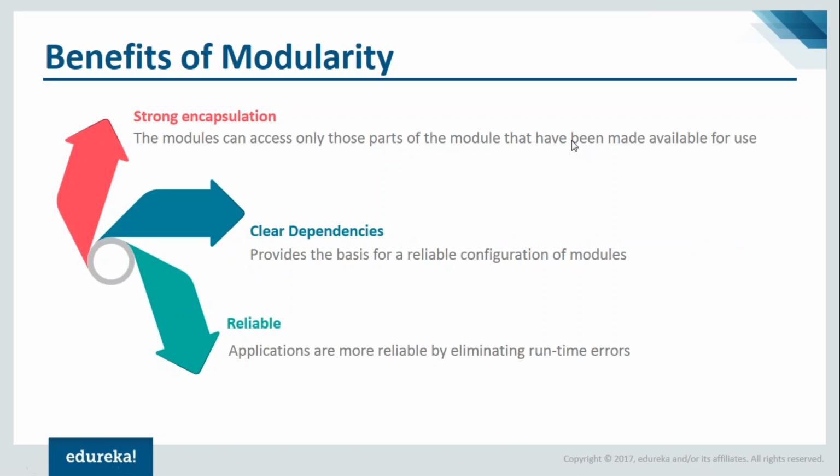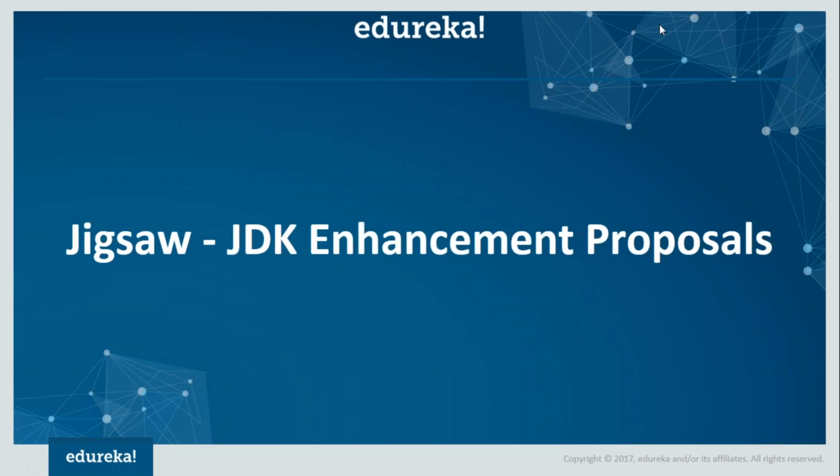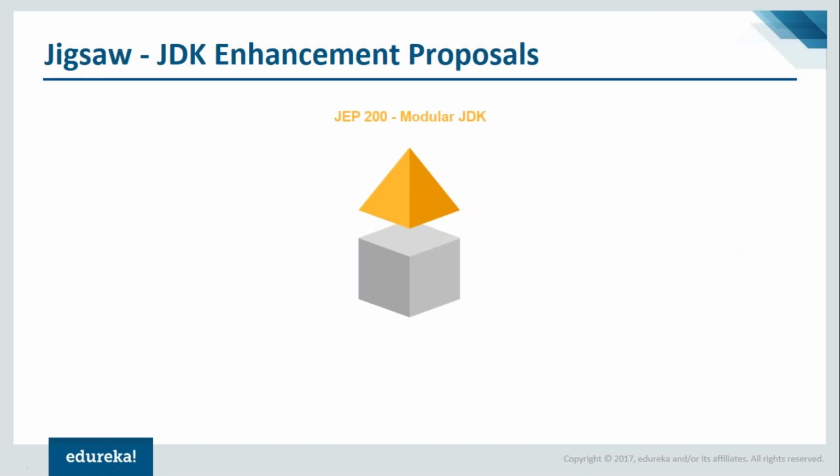Now, in order to give you a little more understanding of the Jigsaw project, let me help you understand how the Jigsaw project has enabled JDK Enhancement Proposals. You first start off with JEP 200, which enables you to achieve a modular JDK. This in turn will also help you with JEP 201 to achieve modular source code as well.